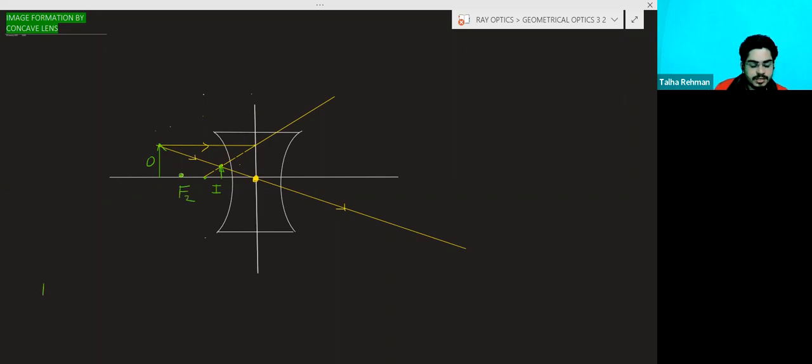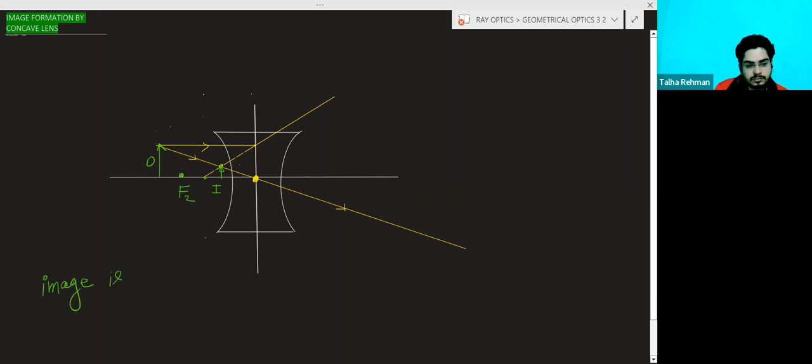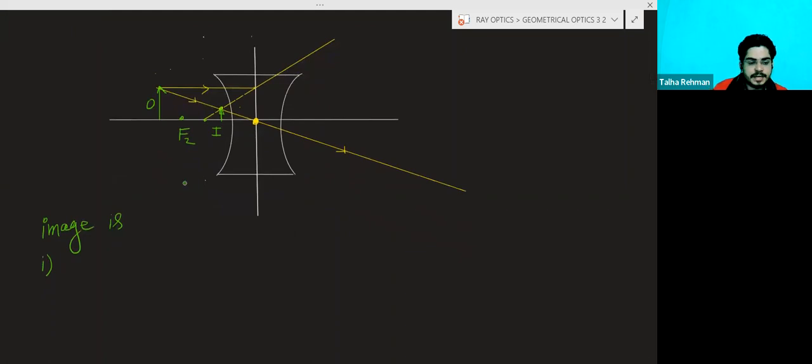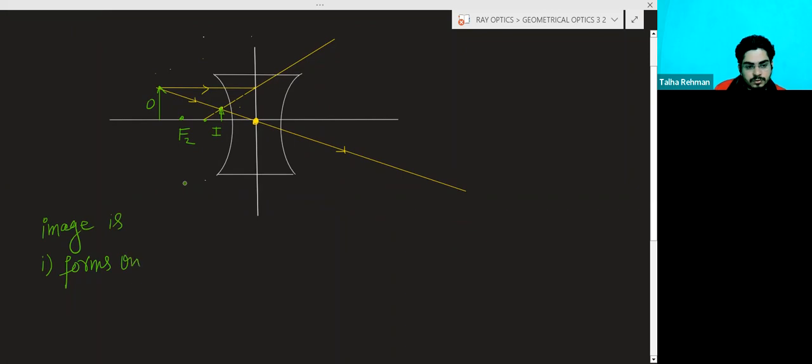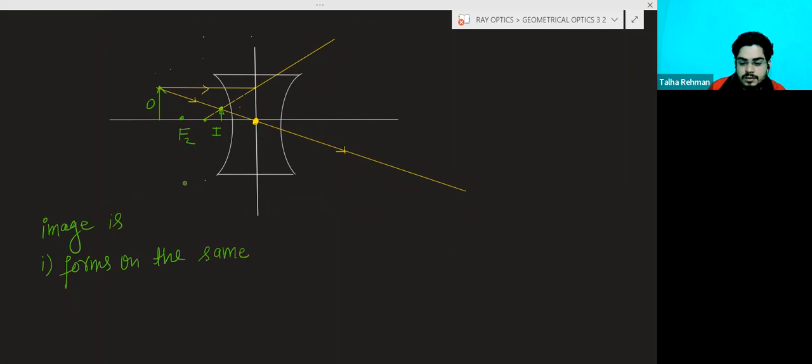So you can say the image is, number one, formed on the same side of that object.